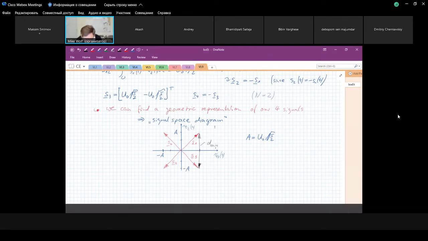So this is the Euclidean distance, the minimum Euclidean distance. You may have heard about the Hamming distance. Hamming distance is the number of different elements between two code words if you use channel coding. And here it's the Euclidean distance in the signal space.